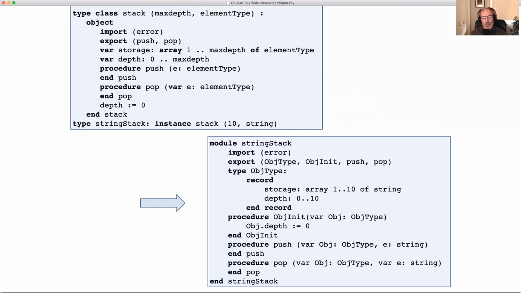And so what you see on the bottom right there is actually what that means. In other words, the implementation of classes and objects in the Turing language without classes and objects, in the original Pascal-ish Turing language. I'm not going to try to explain it to you, but it's a relatively simple mapping.